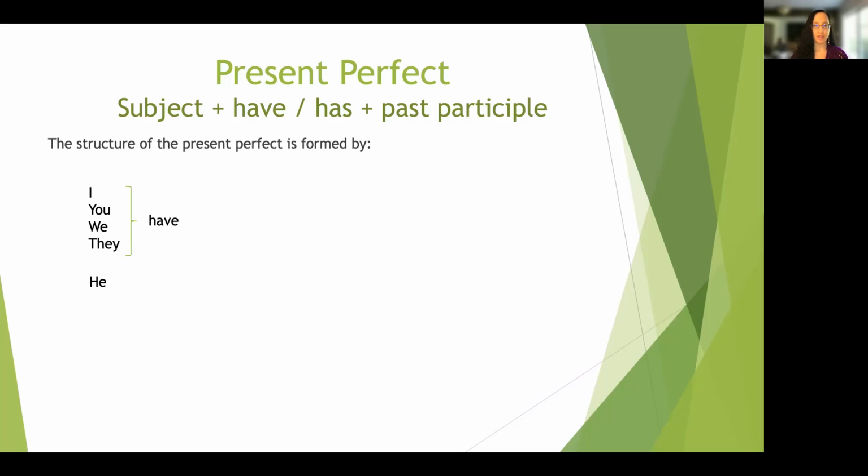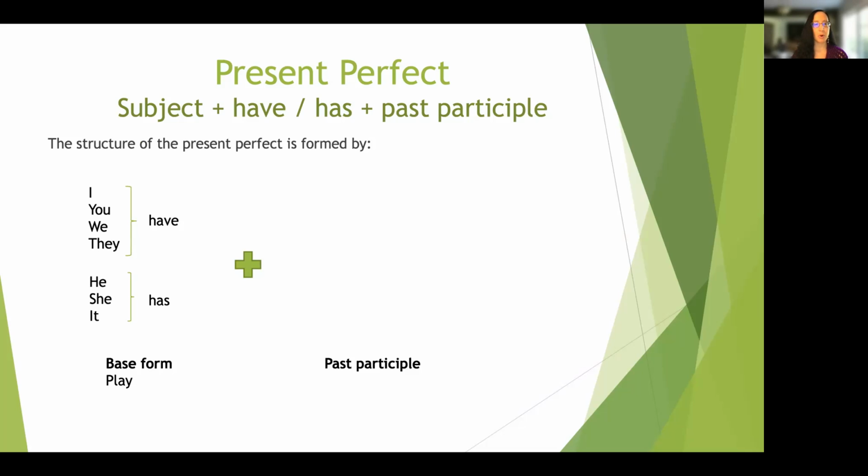And then you have he, she, it with has, okay? So just to help you when you use have or has. Plus your past participle. I know you love these, that's why we're going to practice. You have your past participle and you have your base form or your main verb.